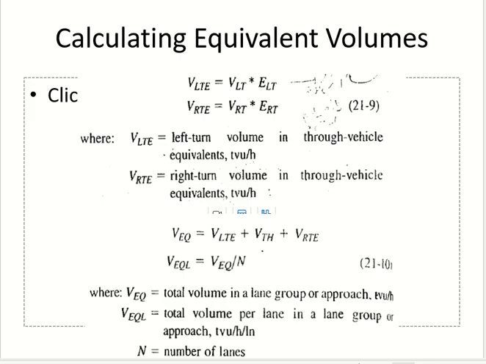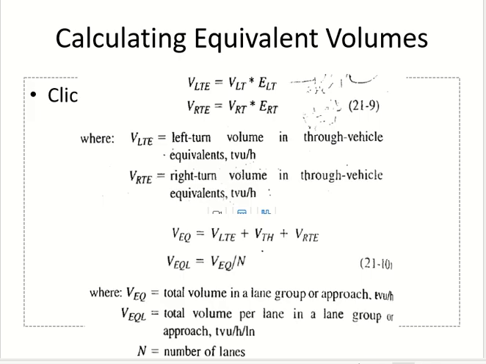The term used in signal design for straight is through. The term which they use is through volume. So through is straight. When we multiply the equivalency factor, the 100 turning left became whatever number straight.